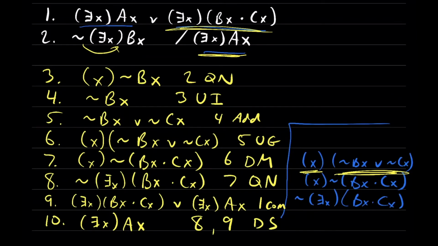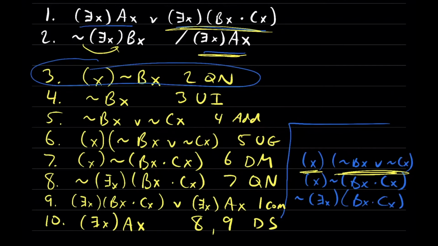So I'm going to indicate the key steps here, where the new rule occurs. I'll highlight this in blue for you here. So we applied quantifier negation right here on line 3. We couldn't instantiate line 2 because the main operator, so to speak, of line 2 is not that existential quantifier. It's a negation.